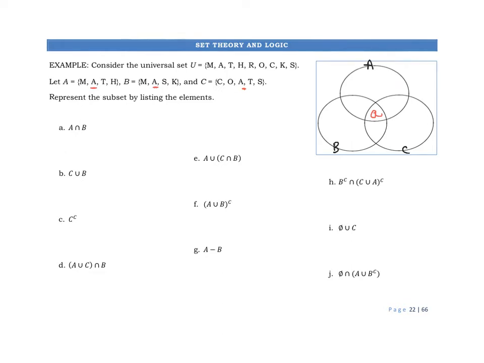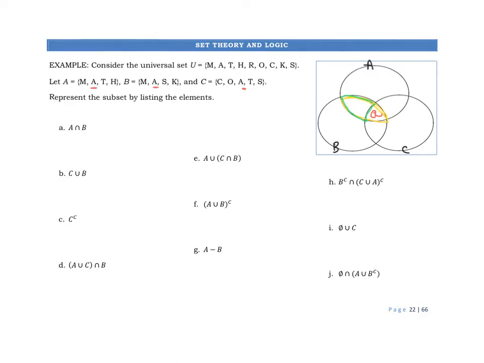I would like to point out that this region right here would be elements that are in both set A and B, but this region right here would be elements that are in set A and B only.